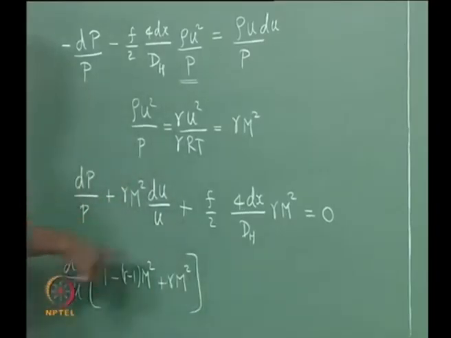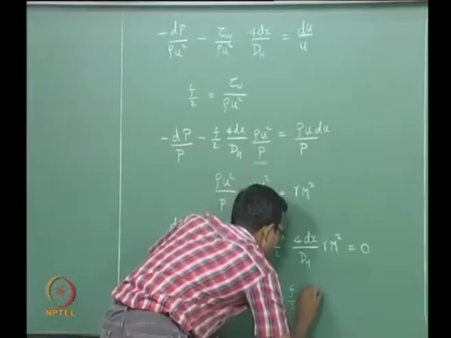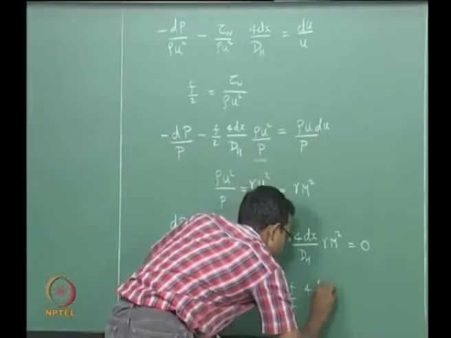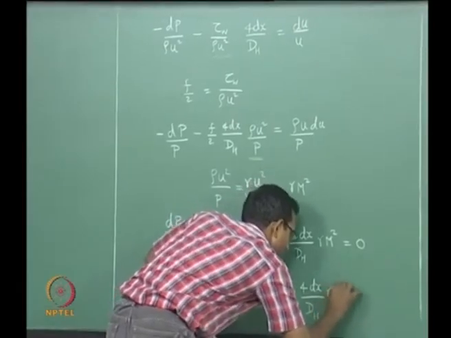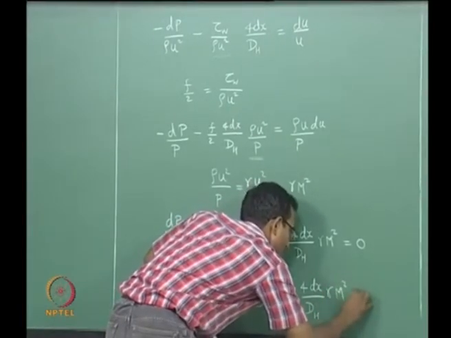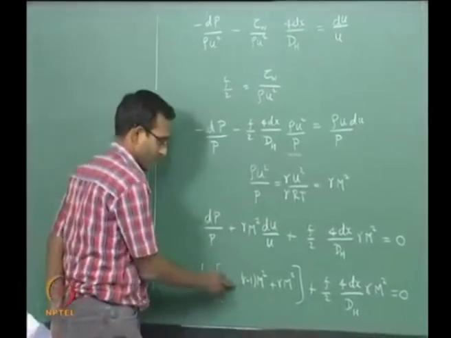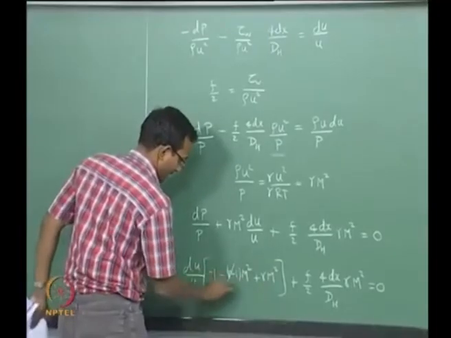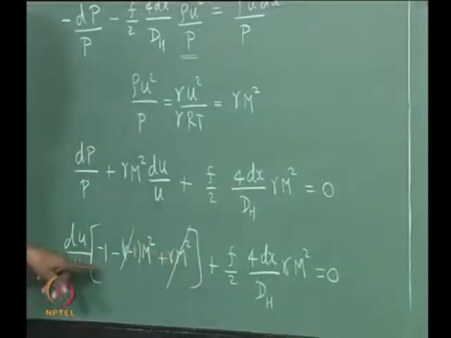These two terms together becomes this, and the other term I will leave it as is. If you look at here, minus gamma M square and plus gamma M square will get cancelled. So I just have M square minus 1 in here finally. Du by u times M square minus 1 is the only term left.